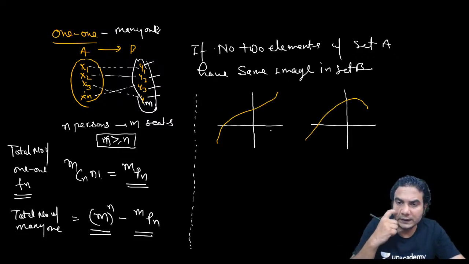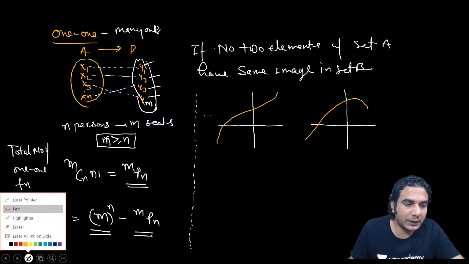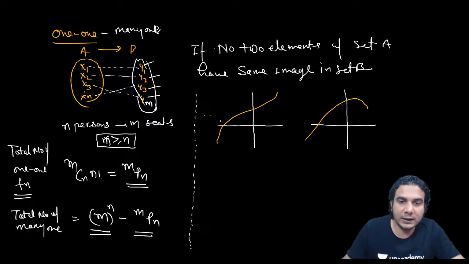Now see which one is the graph of one-one and which one is many-one. If the graph is always increasing or always decreasing, it will be one-one. So here you can plot a horizontal line. If this horizontal line cuts the graph at only one point, that means for one input you're getting one output, okay.